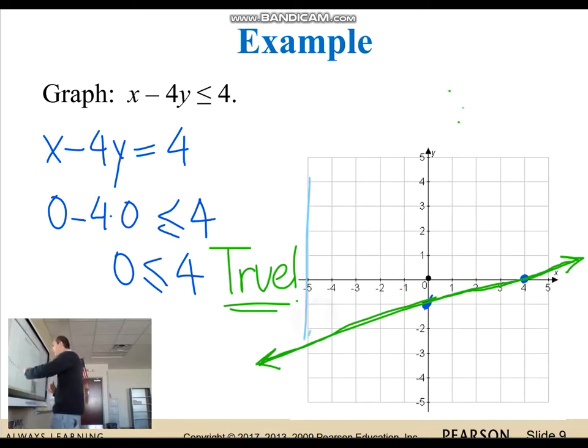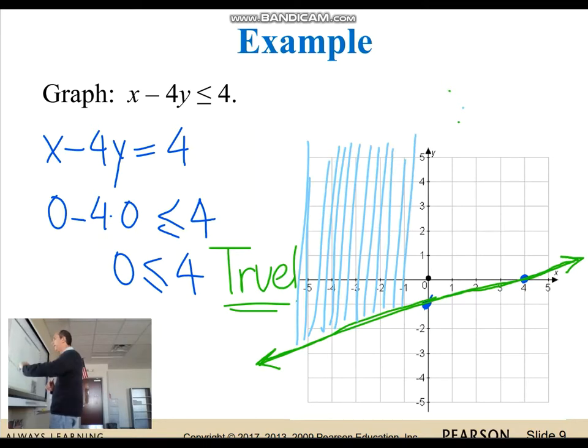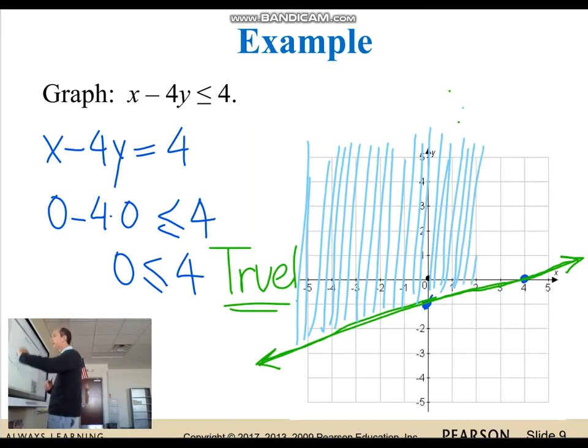So we will shade this area here, the same area as the point, and we came to the conclusion that the point is included, is part of the solution set.